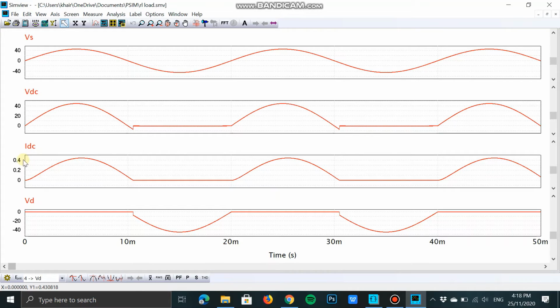For R equal to 100, we obtain 0.45 ampere, while for 25 ohm, we obtain 1.8 ampere. Okay, for the VD, we obtain the vice versa of VDC.